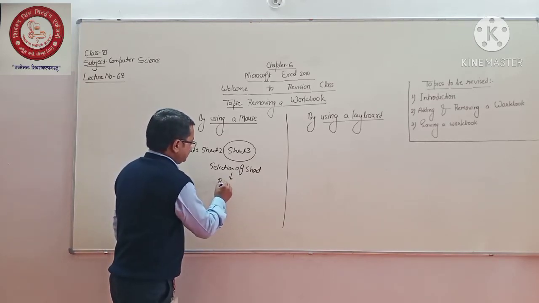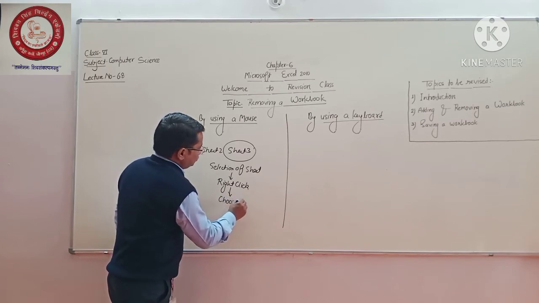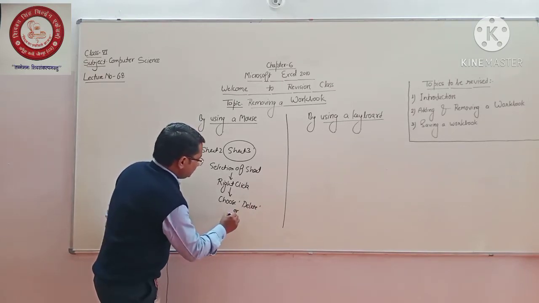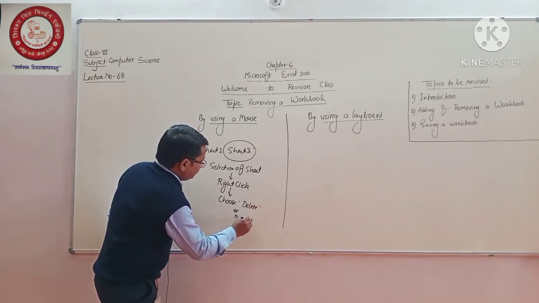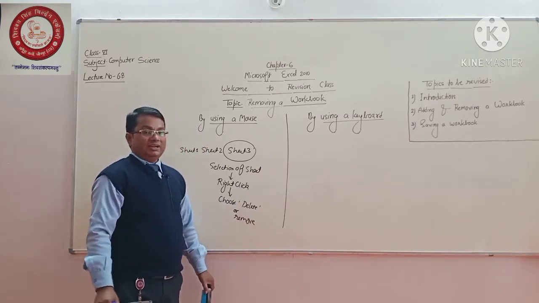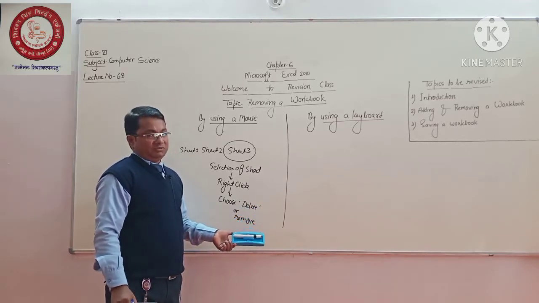Once it is selected, make a right click. Then choose the option, Delete. You will get either delete or remove, maybe you will get the delete option or maybe the remove option, whatever the option.